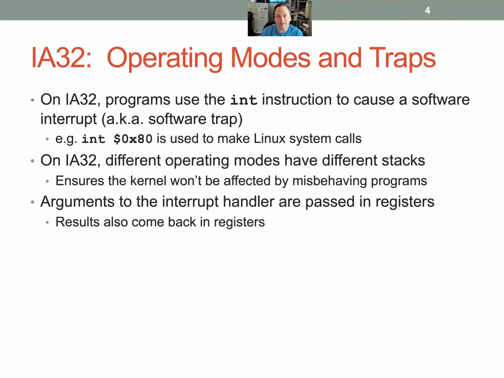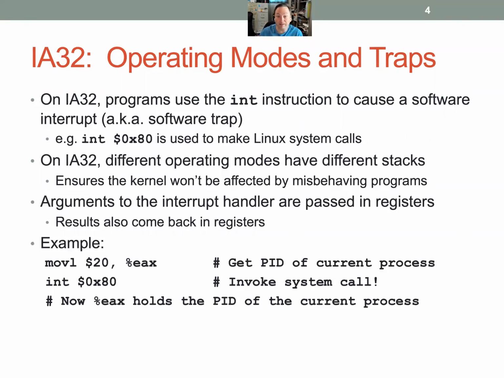And because you have these different stacks, the arguments are passed in registers instead of on the stack. Some of you may be familiar with how calling conventions worked in the past, especially in 32-bit, where arguments would be passed on the stack. Now we have enough registers on x86 that we pass a lot of things in registers instead, but that's a little bit of an aside. There's some information about this in the Pintos documentation.